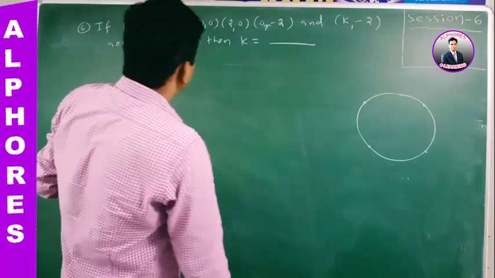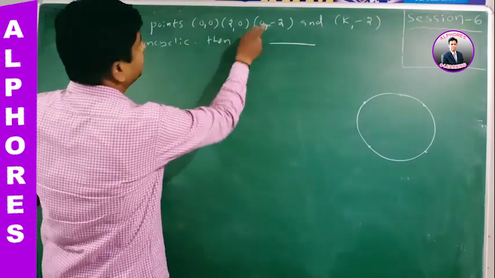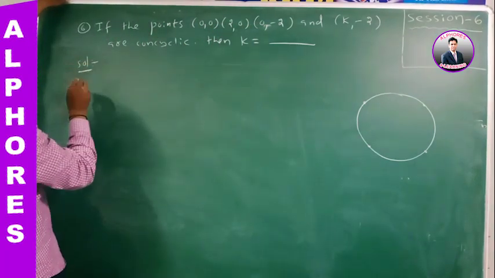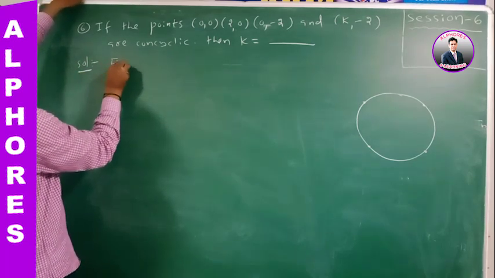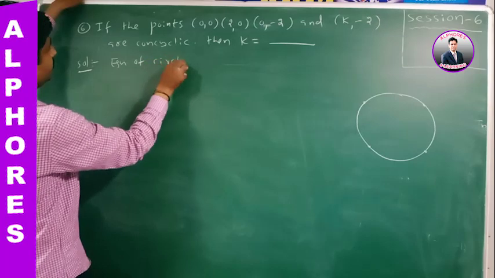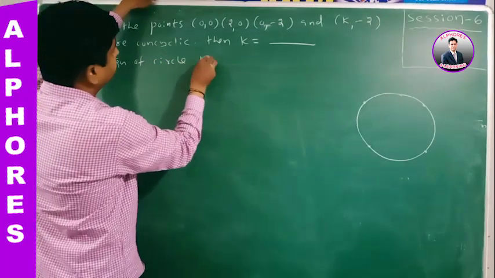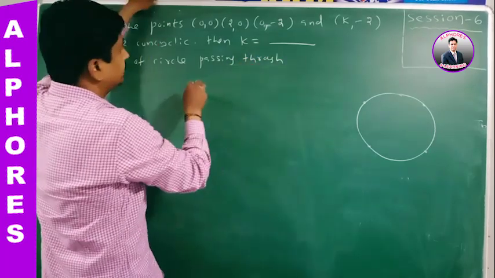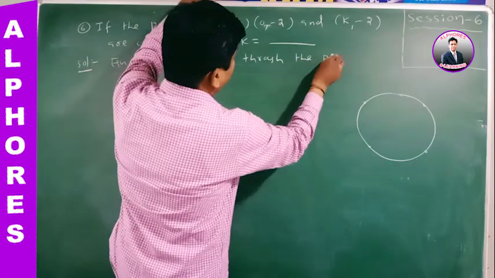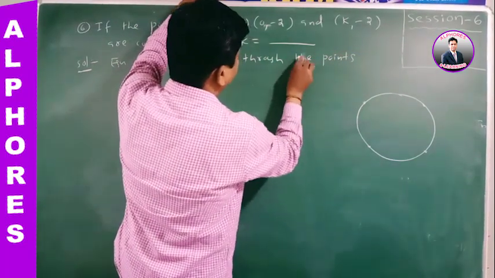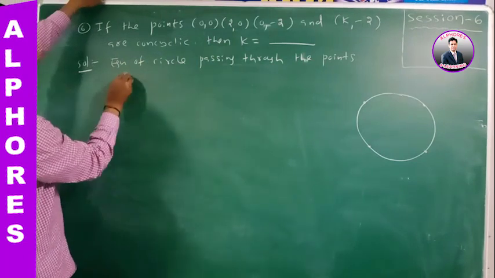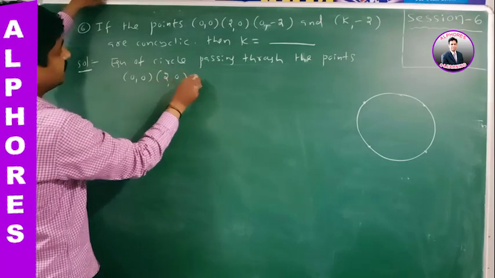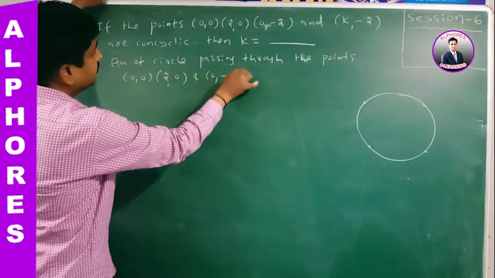First, find the equation of circle passing through these 3 points: 0, 0, 2, 0 and 0, -2.